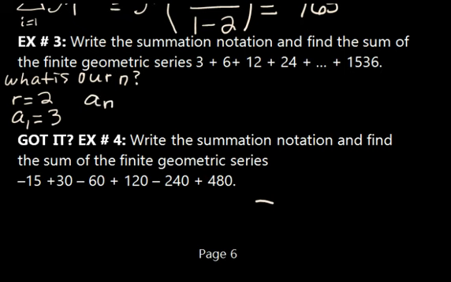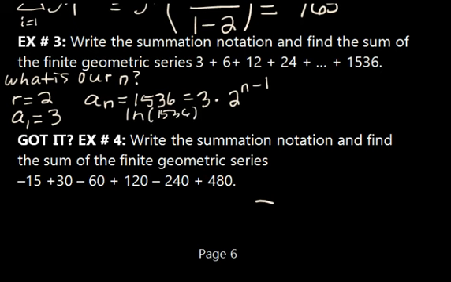So if our a sub n, our nth term, that we're trying to find, is equal to 1,536, and we know our general rule of 3 times 2 to the n minus 1, you can see how we can solve for n by using logs. And I choose to use the natural log.